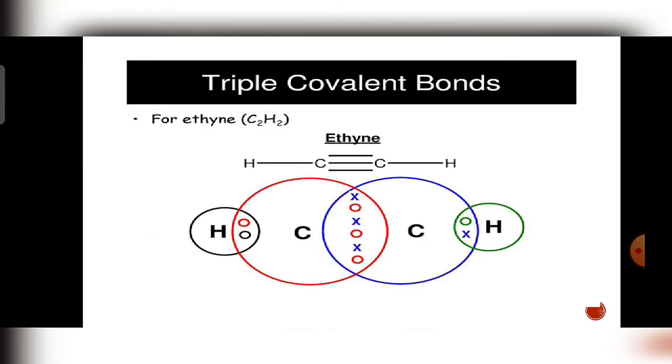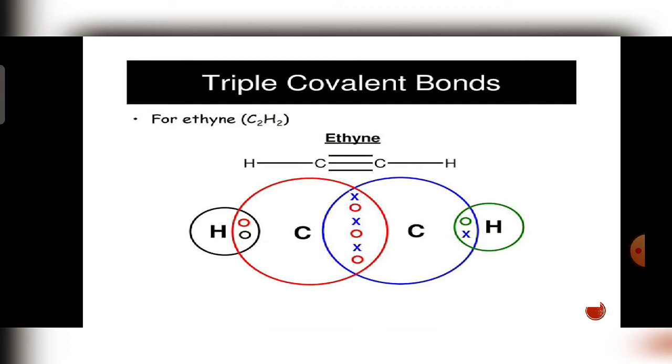C2H2. And here we will explain the triple covalent bond in the ethyne molecule. You can see here that we know that both carbons have 4 electrons in their outer shell, and they want to complete their octet by sharing electrons. What is the difference between ethene and ethyne molecule?